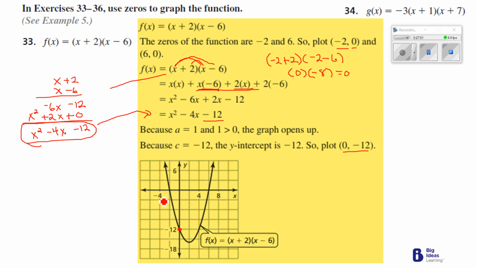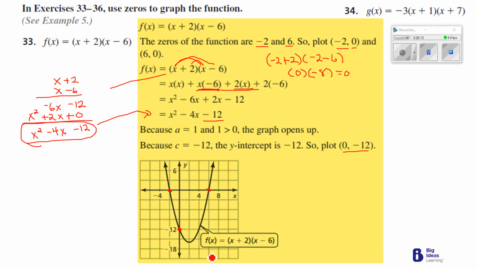And then the numbers I got over here, negative 2, okay? And let's remember that from up here, negative 2. And then positive 6 right over here, okay? And that's all they needed to go ahead and make this parabola.